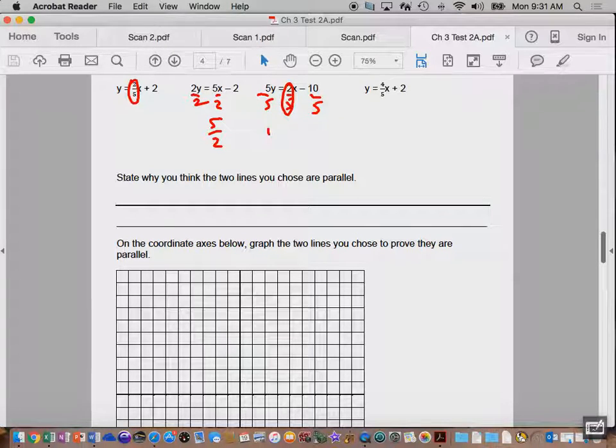Also divide this by 5. So I get y equals 2/5 x minus 2. And that's 4/5. So these two are not the same. The first and the third are the same. They're parallel because they have the same slope. And as far as graphing it goes, the first one has a y-intercept of 2, and then it's up 2 over 5, up 2 over 5.